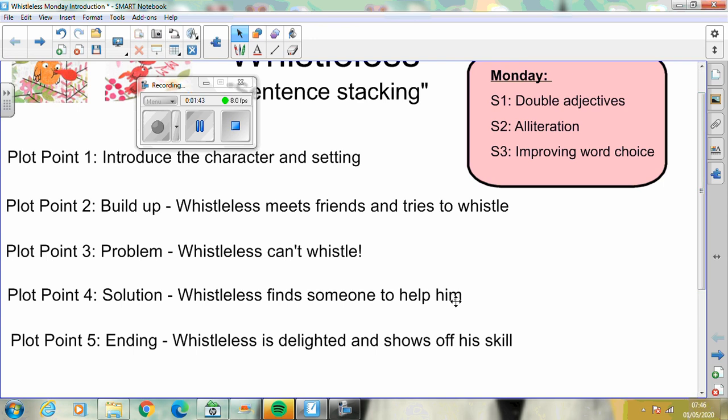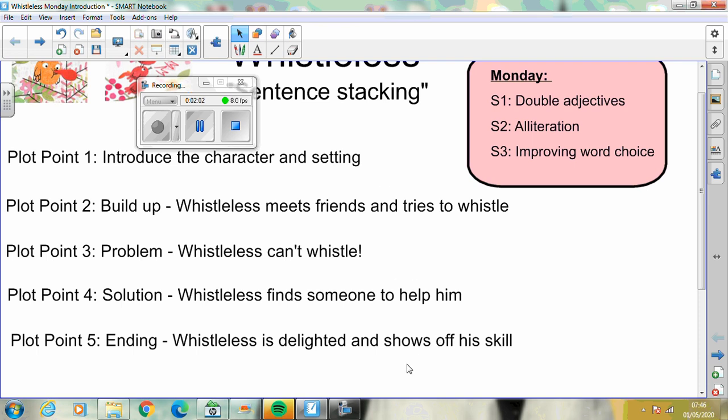The solution is Whistleless goes off and finds someone to help him. He learns how to whistle, and then the ending of the story is that Whistleless is delighted, he's proud of himself, and goes and shows off his skill to anybody who will listen.